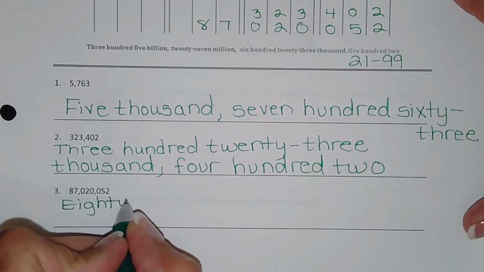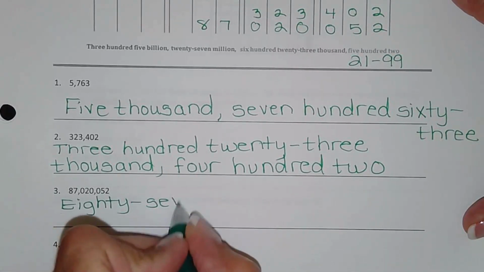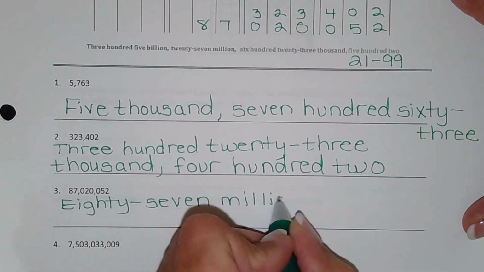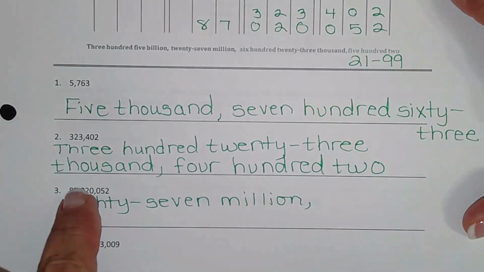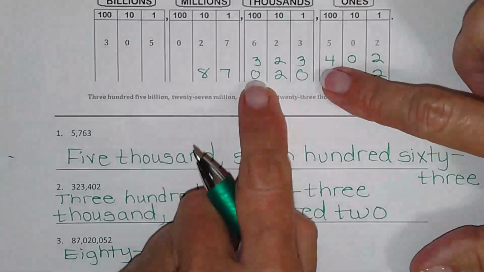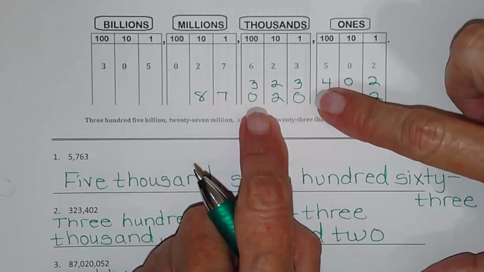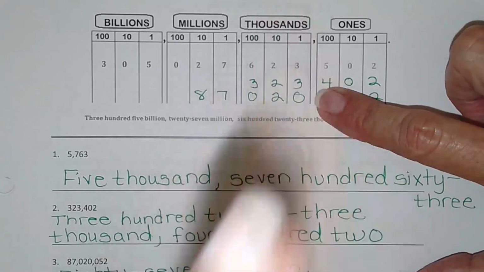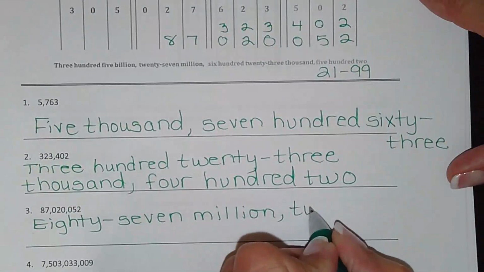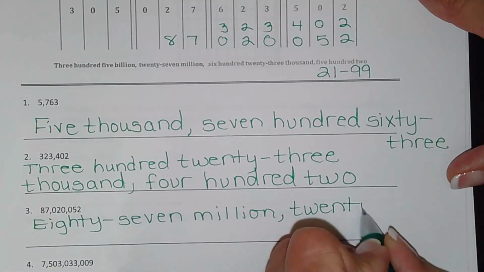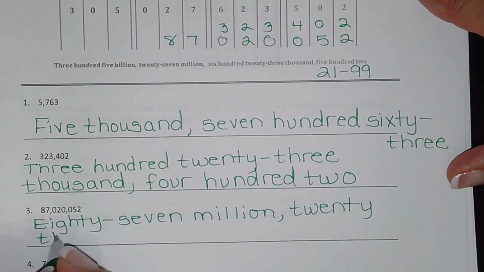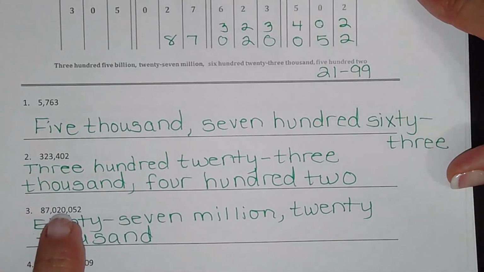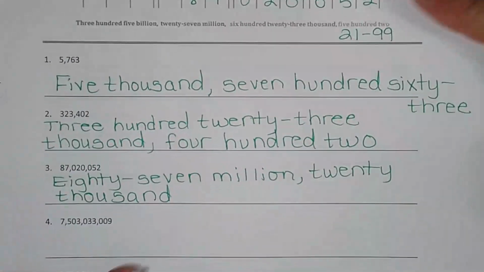80 hyphen 7, then name the place value, and then put a comma in because there's a comma in the problem. Then we read this number, 020 is read 20, then the place value, 1,000. So 20,000. And then there's another comma, so we need to insert a comma there.